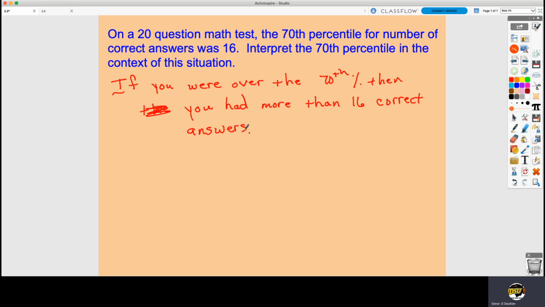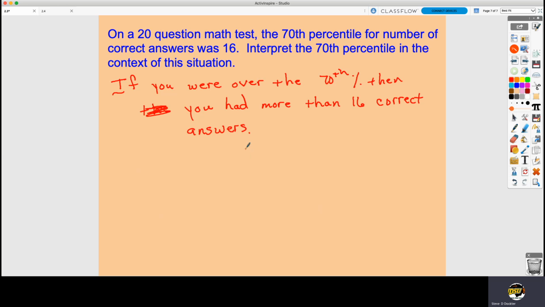What about if you had less than the 70th? Then you had less than 16, right? That's all that means. Normally for these, we want to put both: over it and under it.